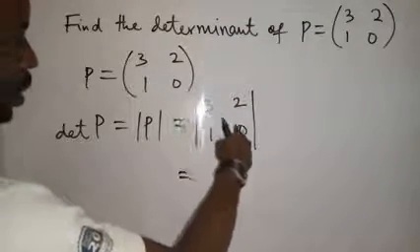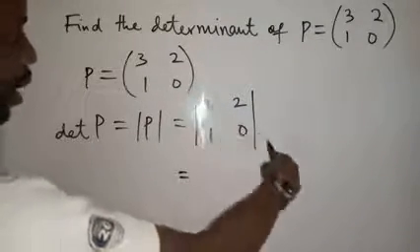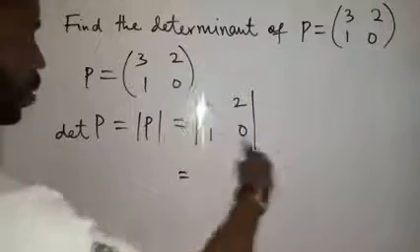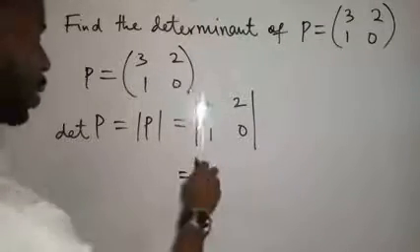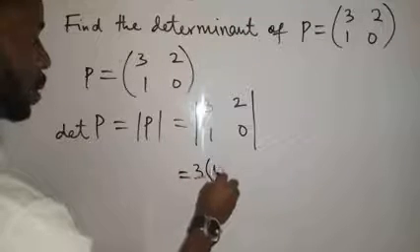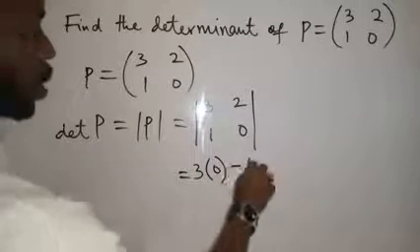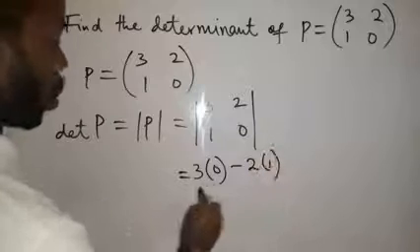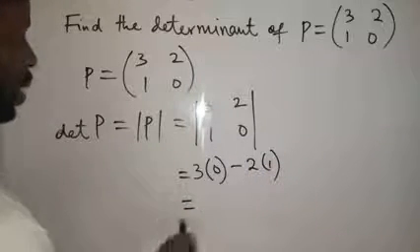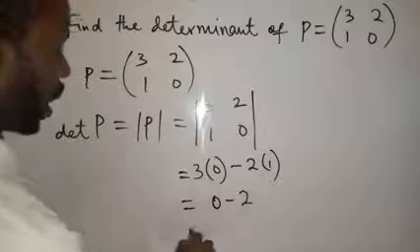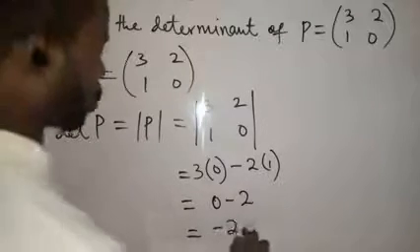So this diagonal is called the leading diagonal, followed by this other one. You multiply the leading diagonal, in this case 3 times 0, minus the other diagonal, which is 2 times 1. Whatever you get is the determinant. In this case, it is 0 minus 2, and the answer is minus 2.